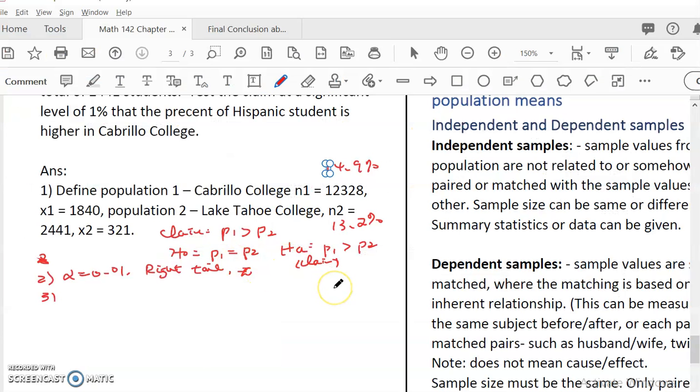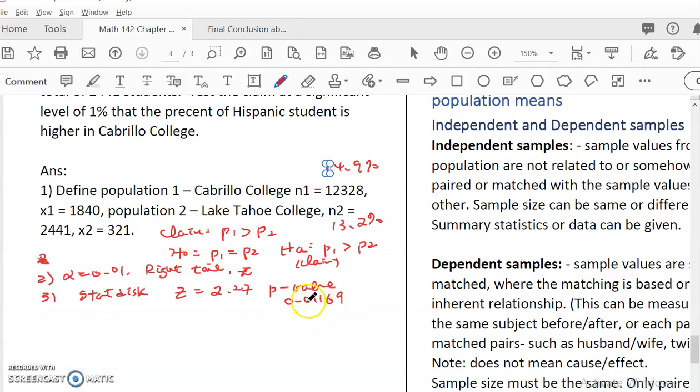Okay, so write down that z is 2.27. P-value is 0.01169.